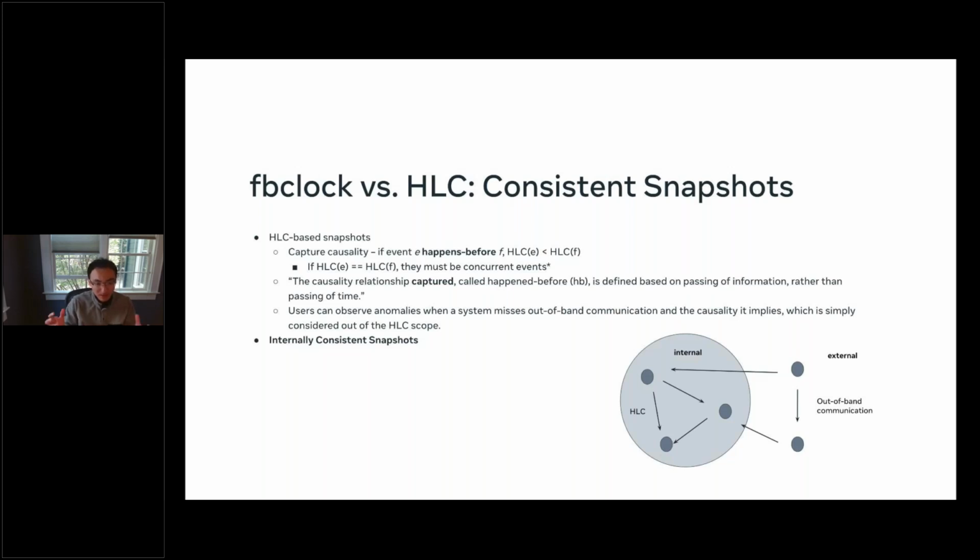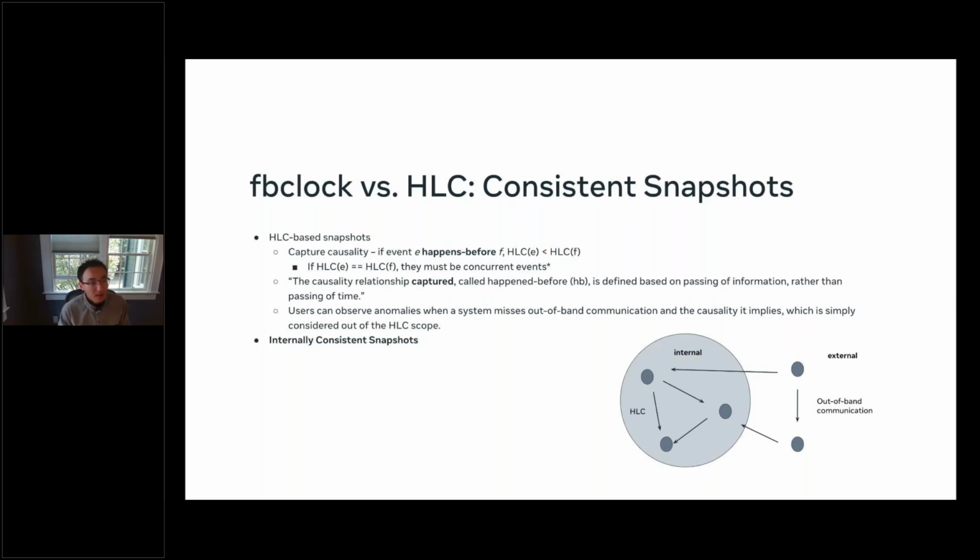If they happen somewhere outside of the system where there is also a causality relationship, for example, Alice called Bob on her phone, and there's a causality between them due to this communication, it's not captured in the system. So in the scope of HLC, this is simply considered out of scope. It's not captured, and it's not a happens-before relationship. And they're still just going to close their eyes and claim that it's still a consistent snapshot.